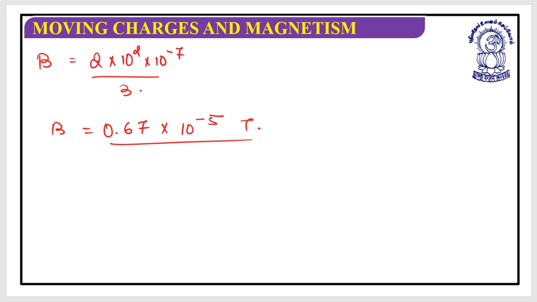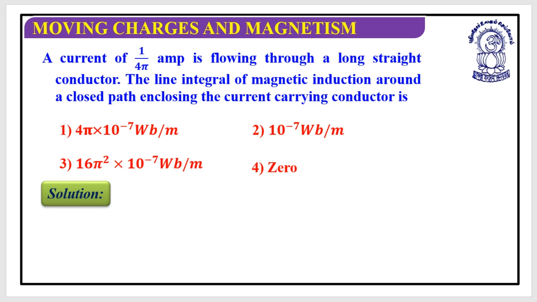This would be the correct answer. Very, very easy. Once you remember the formula, or the concept, this can be done easily. Is it clear? Great. Let's work on the next question.